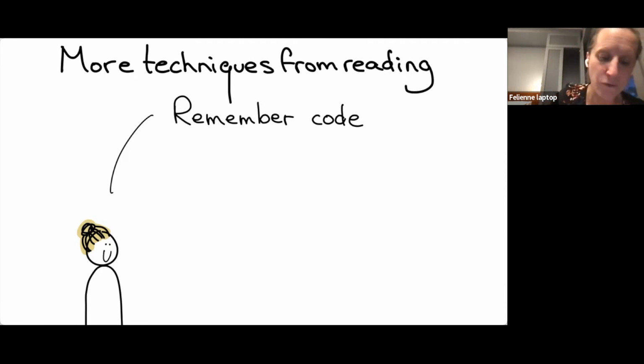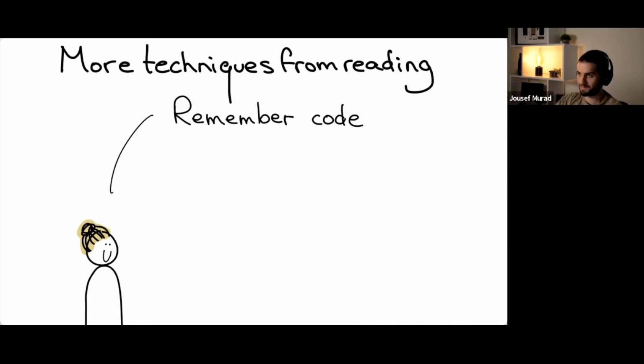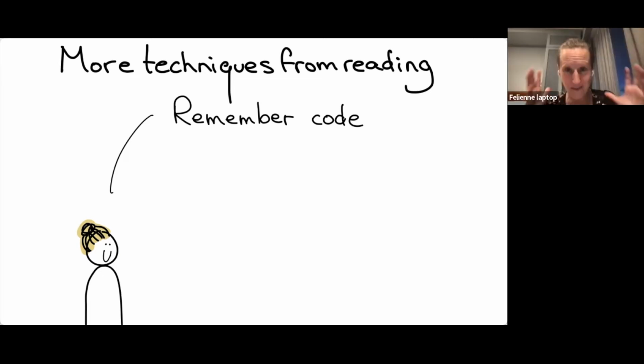And I will give all of you 2 minutes to read the code. And then we will see. I hope we can have a chat. Do we have a chat, Jousef, where we can talk about experience? Fantastic. Yeah. So for 2 minutes, I will show the code. You try to remember it as best as possible. Do not make notes in the 2 minutes.